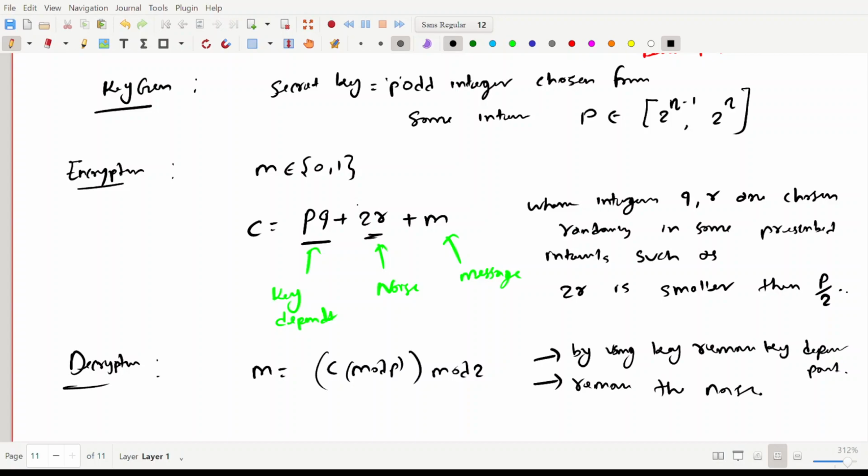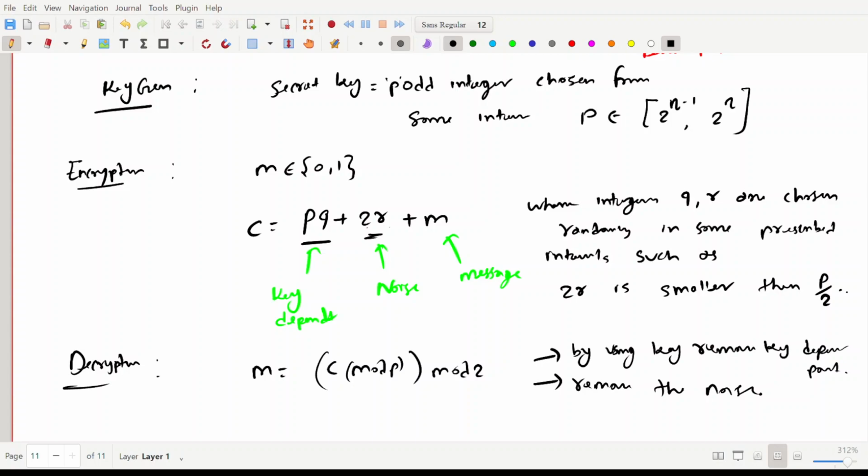See, I wrote 2 into R. How do I remove the noise? Just by taking modulo 2. Okay, this is our message. If you want to verify the correctness, it is very easy: modulo P and then take modulo 2.